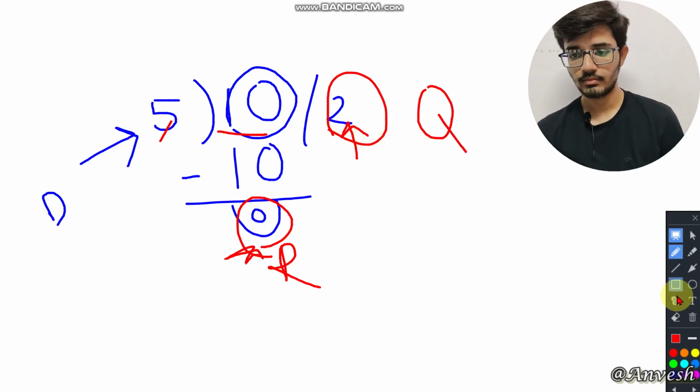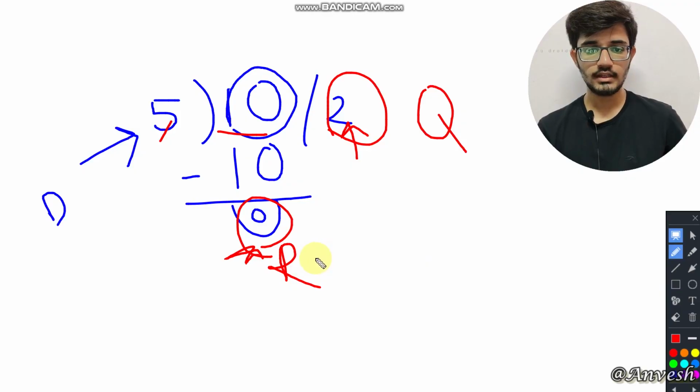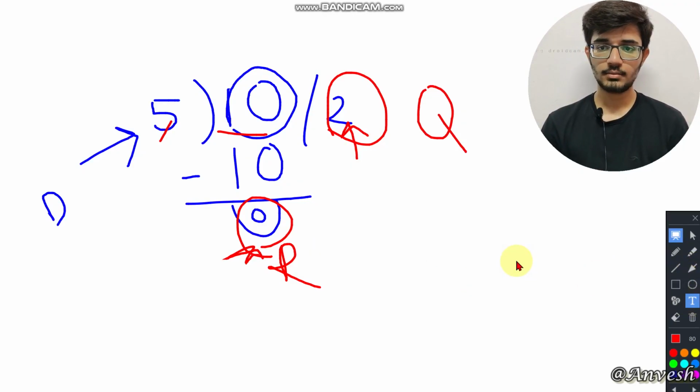So to get the remainder, we use the modulus operator. The modulus operator is used with the percentage symbol or percentage character.